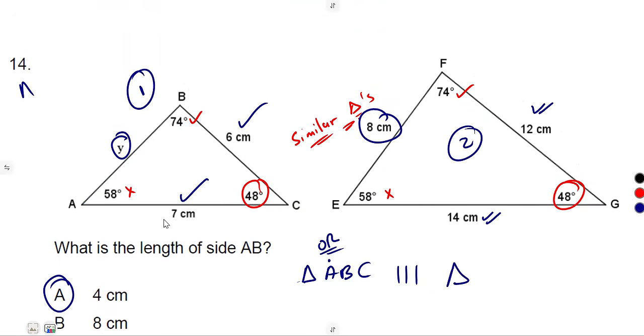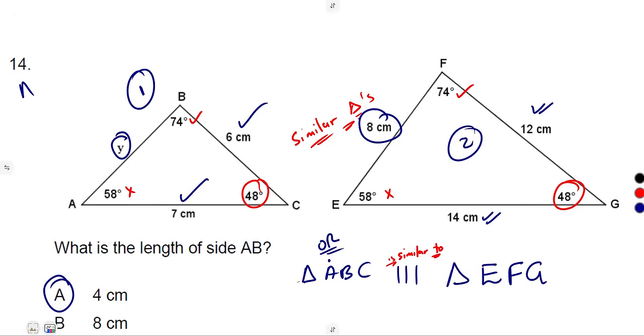Angle A is equal to angle E. Then angle B is equal to angle F, 74 there. C is equal to angle G. So these are the two triangles that are similar.